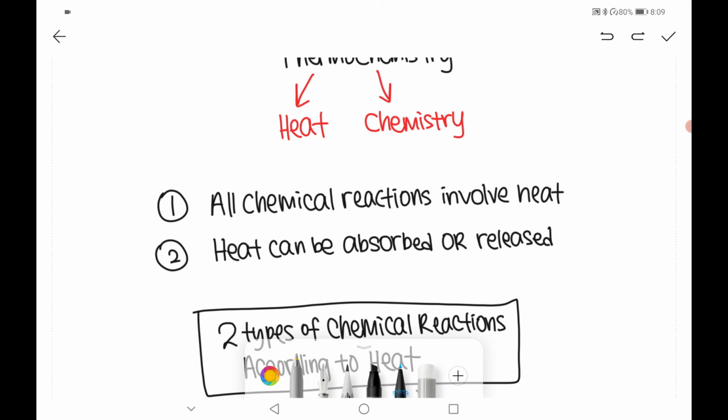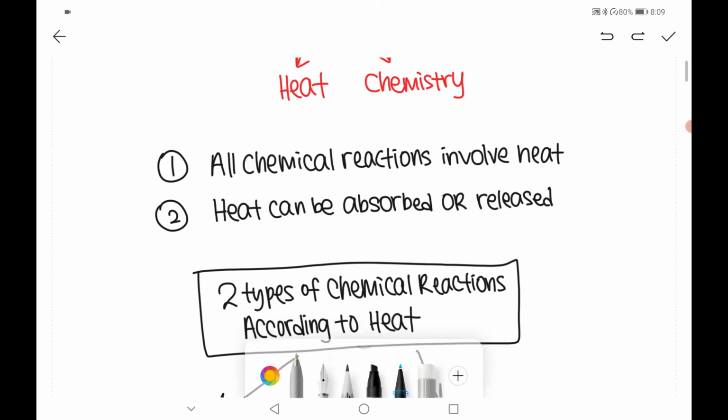That's it. You cannot say you have a chemical reaction that does not absorb heat and does not release heat. Cannot. All chemical reactions must involve heat, so the heat can be absorbed or the heat can be released.